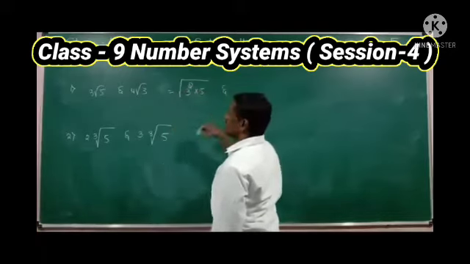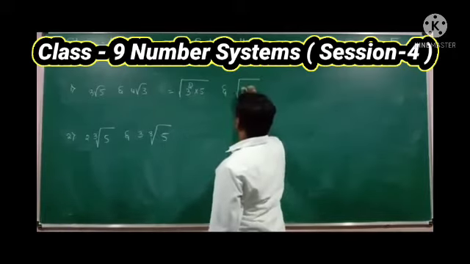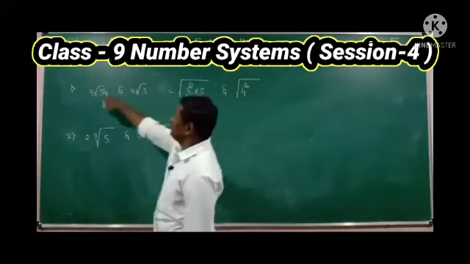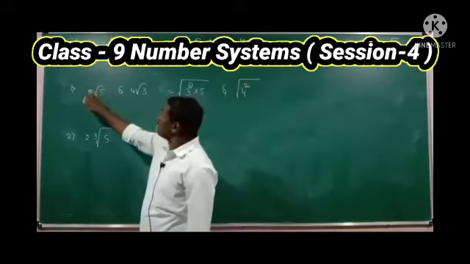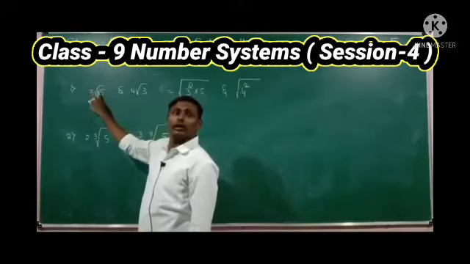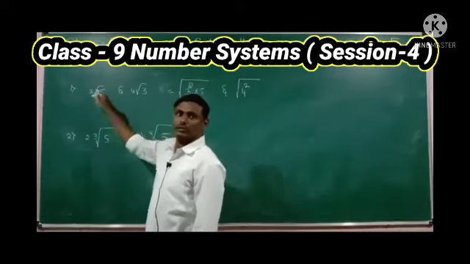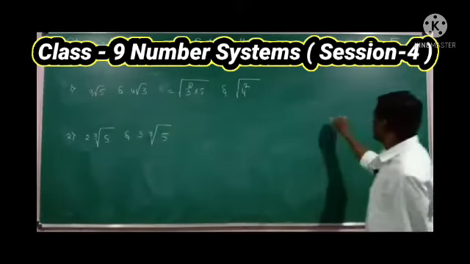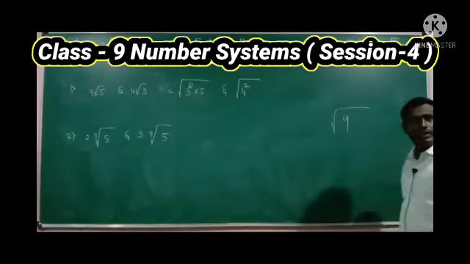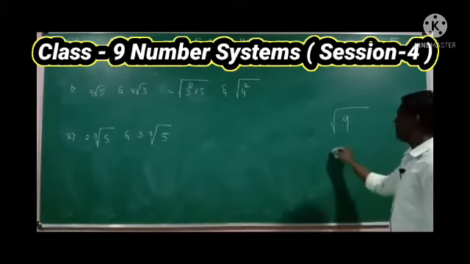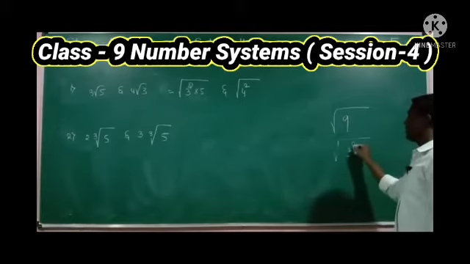And what is the other number? Root of 4 square into 3. When we take a number into the interior part of the square root, the 3 becomes 3 square. Listen here. 9 is the square of 3. How can you write this? 9 is 3 square.